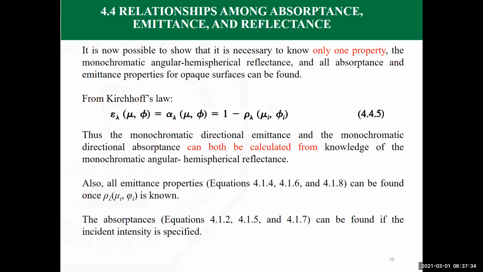In some cases, we cannot estimate the emissivity or the absorptivity, but we can estimate the reflectivity. So knowing the reflectivity is going to be enough for calculating the other properties.